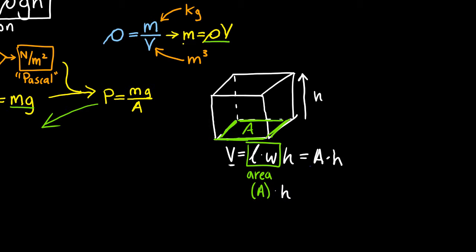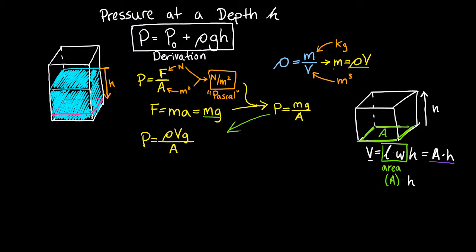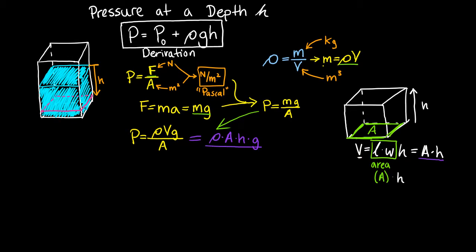And that is what we're going to substitute into our current derivation step. Density times area times height times the acceleration of gravity divided by area, as the part of the original pressure equals force over area equation, will lend most of us to see right now the area will cancel out.